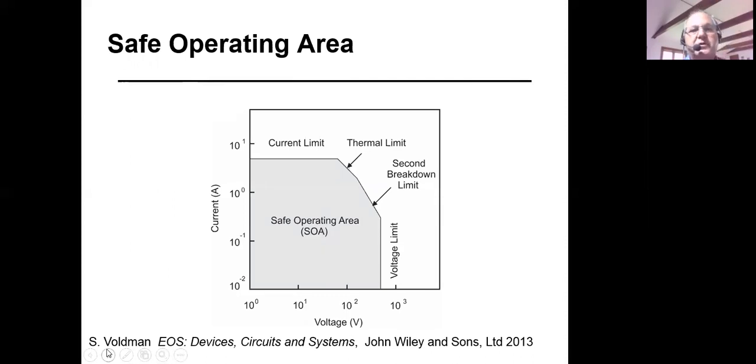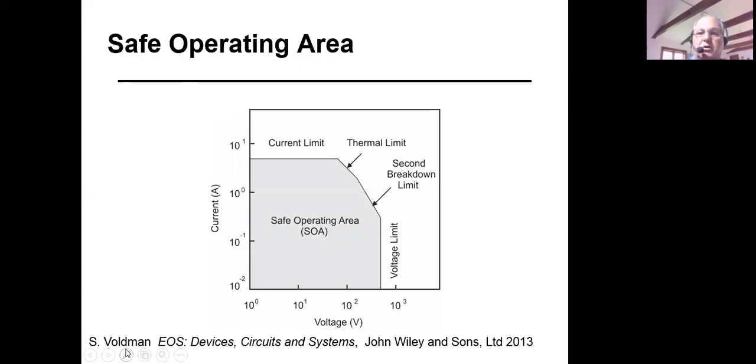If we were to put this on a safe operating area chart, you would see a region which is the safe operating area, which is a certain current and voltage characteristic. On the vertical axis, there's a current limit where basically the failure will occur. On the x-axis is a voltage limit.